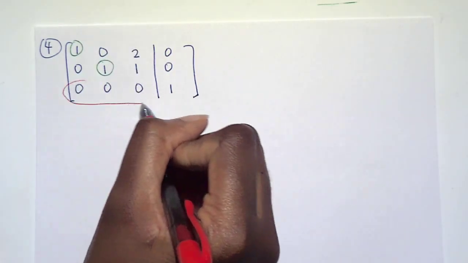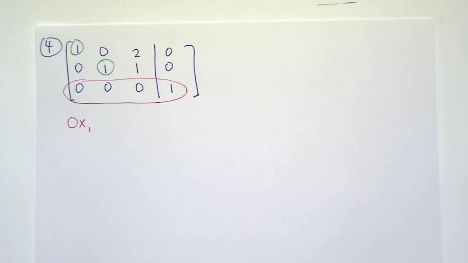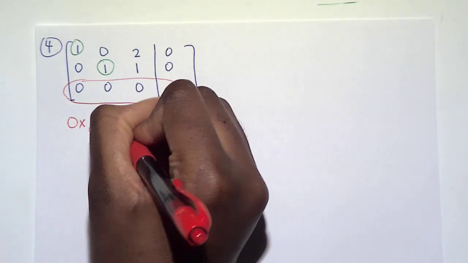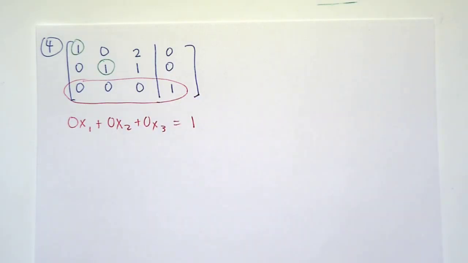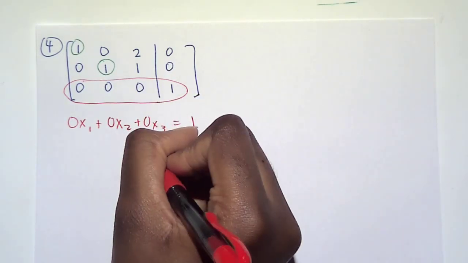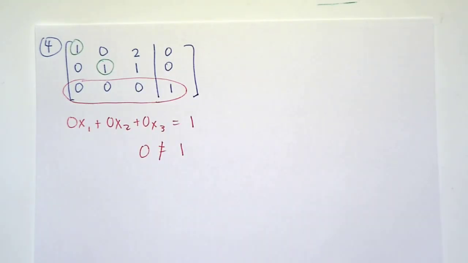This last row is telling us that 0 times x1 plus 0 times x2 plus 0 times x3 equals 1, which is saying that 0 equals 1. It's not true.